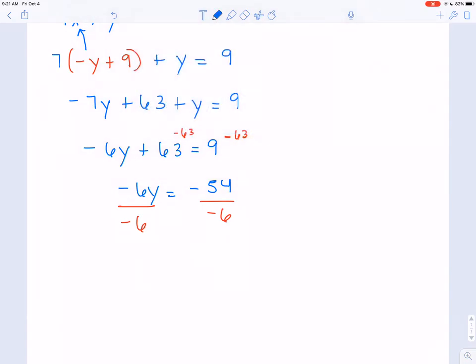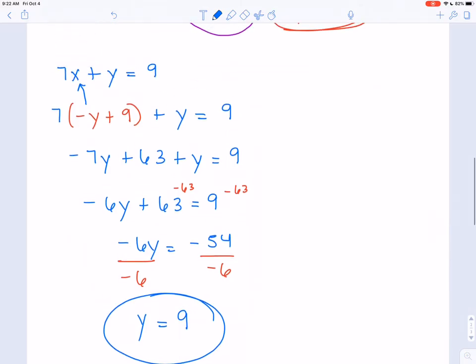And that would tell me that y is equal to 9. So notice, working through it this way, it means I solve for y first instead of x first, but that doesn't matter because I got the same solution for y here that I did when I worked it the other way. And then again, this is only half of my solution.